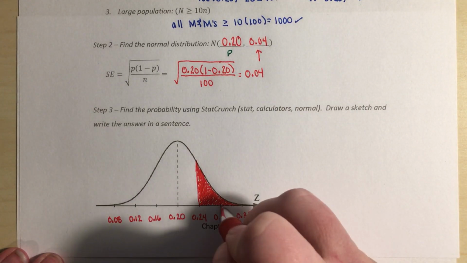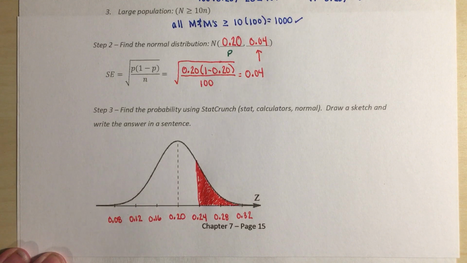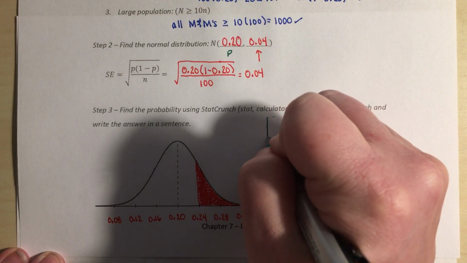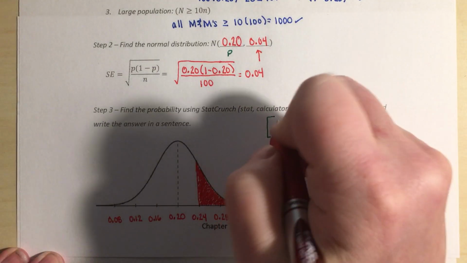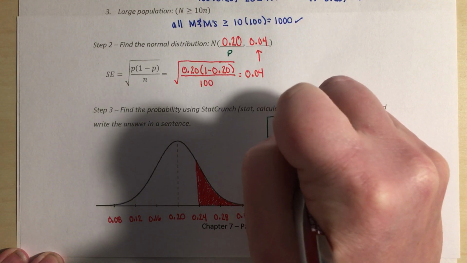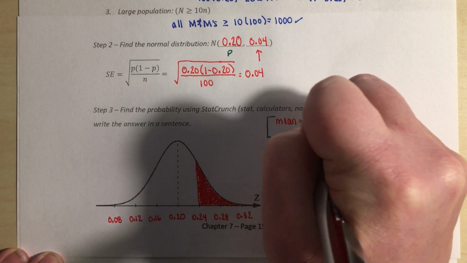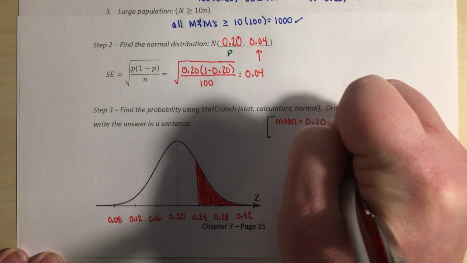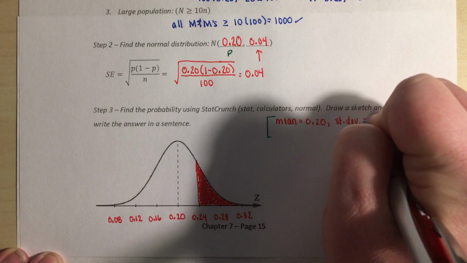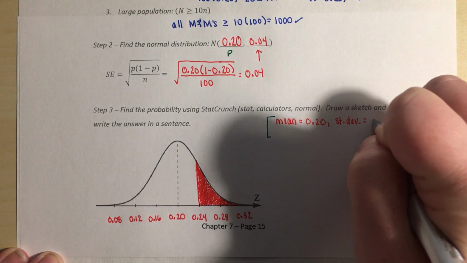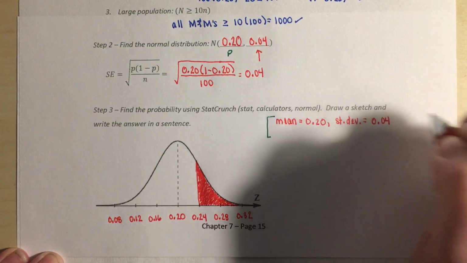All right, now we're going to go to StatCrunch. And in StatCrunch, I'm just going to kind of show what we're going to enter up here. So we're going to enter that our mean is 0.20. Our standard deviation is our standard error, which is 0.04.